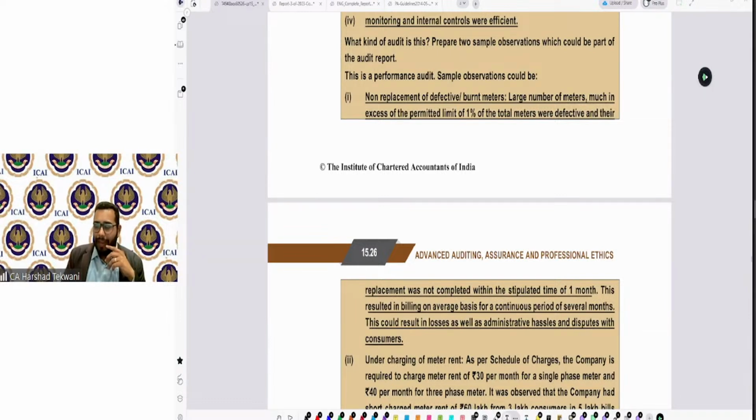Very good, Kriti. Very good, Charu. Yes. Come on, guys. Under which category will I classify this particular observation?